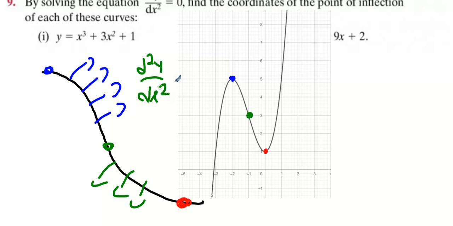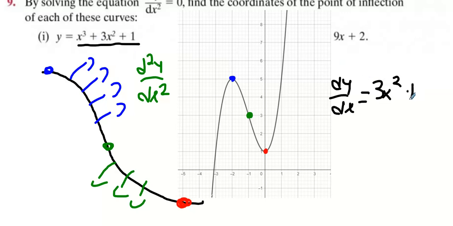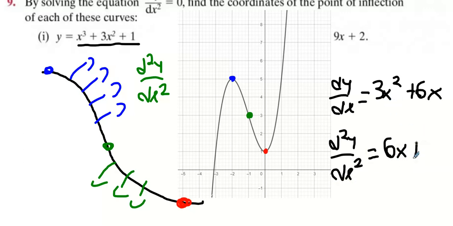Now, all I'm going to do is differentiate twice. You got it? Differentiate once, we get 3x squared plus 6x. Differentiate a second time, we get 6x plus 6. Okay.